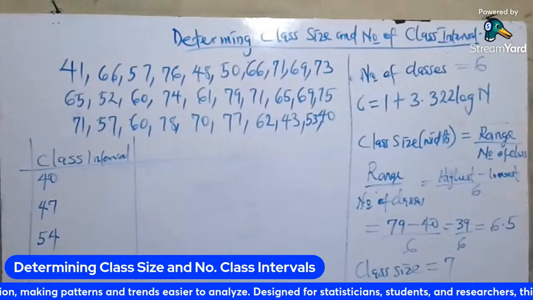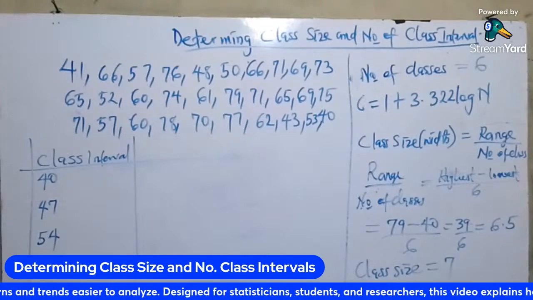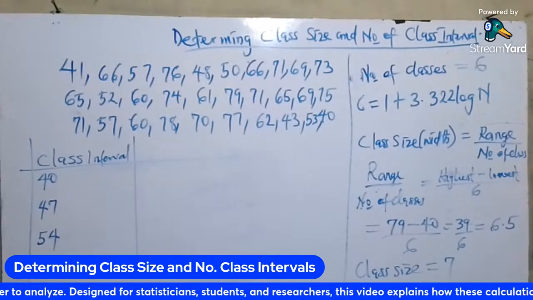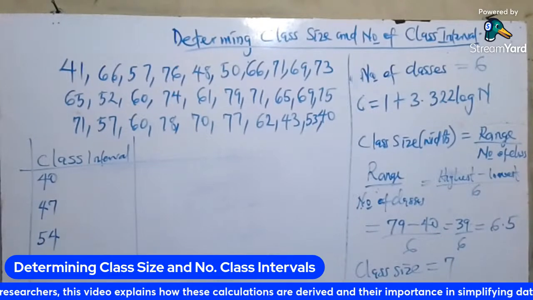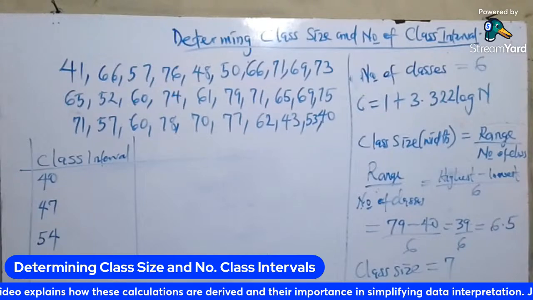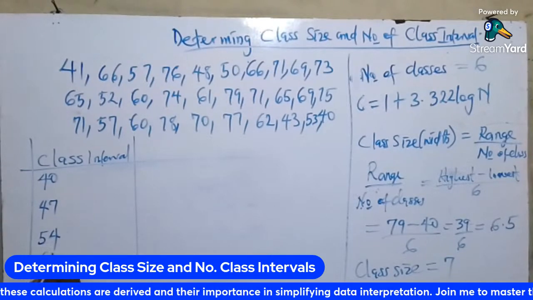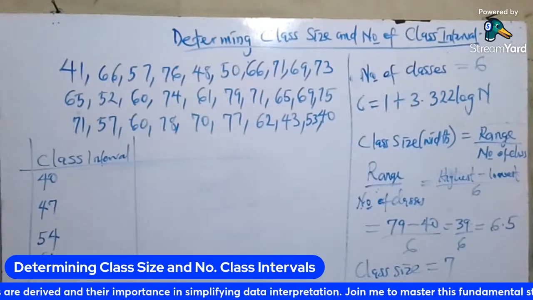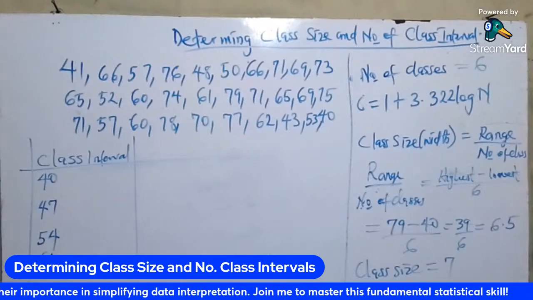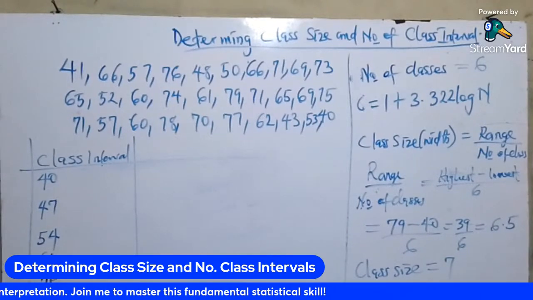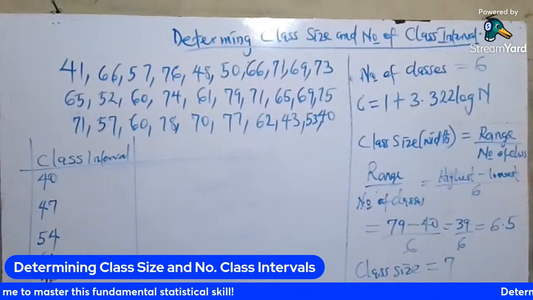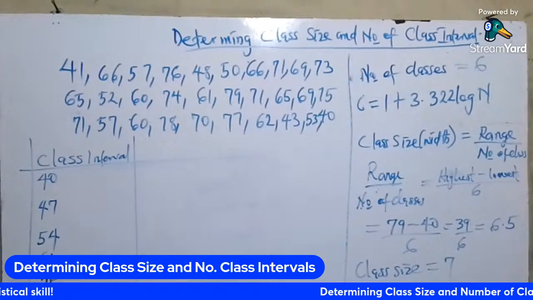So 40 plus 7 is 47, plus 7 again because of the class size is 54, plus 7 again is 61, plus 7 again, plus 7 again is 75, plus 7 again, 75 plus 7 is 82.